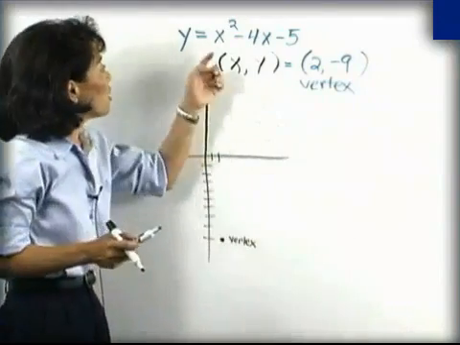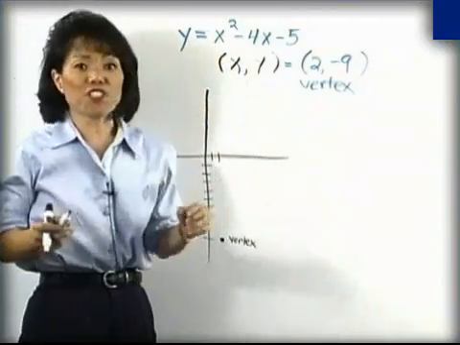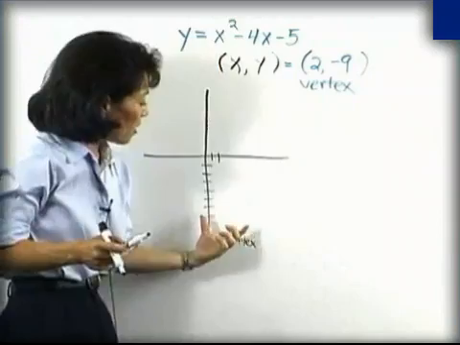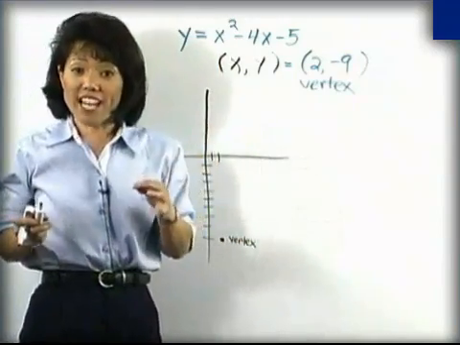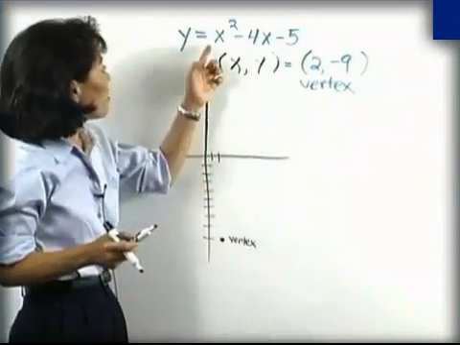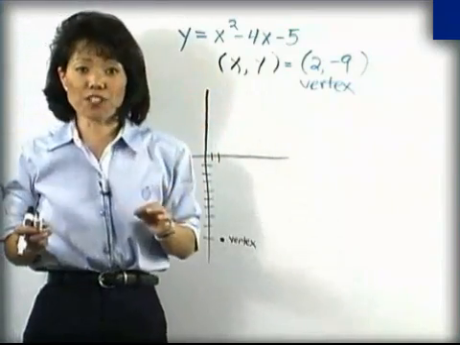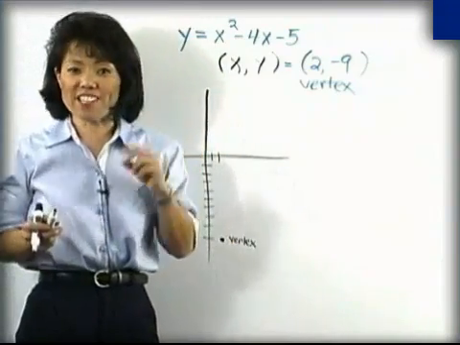It's as simple as looking at the coefficient of the x squared term. If the coefficient is positive, our parabola is going to open facing upward. If it's a negative number, it's going to open facing downward. So we can be assured, because the coefficient of our x squared term is positive 1, our parabola is going to open facing upward.